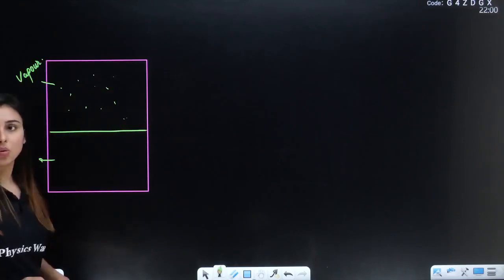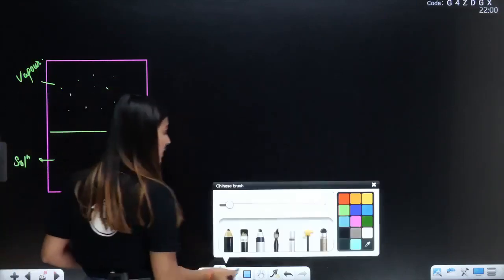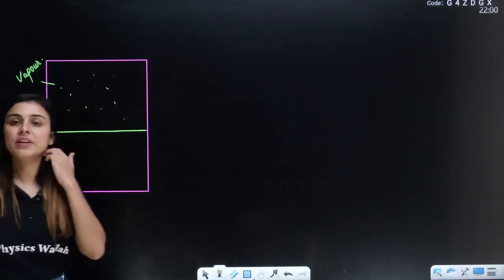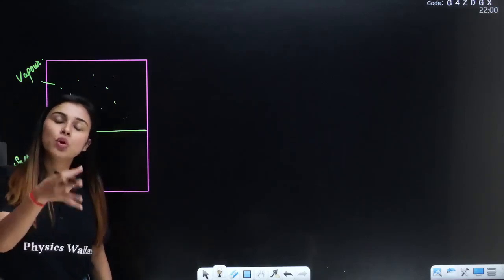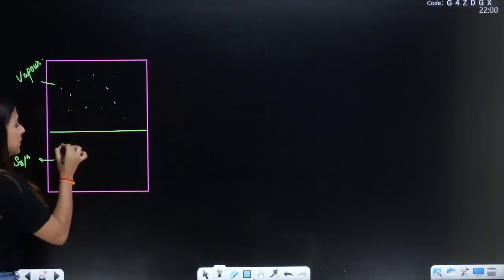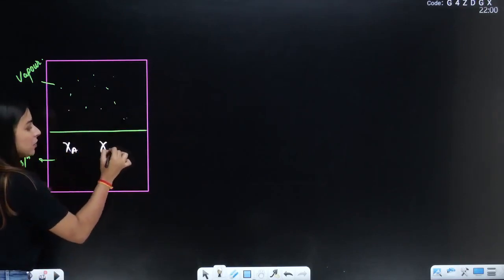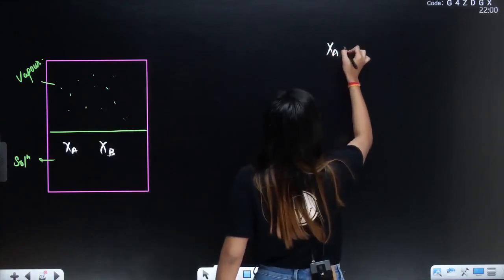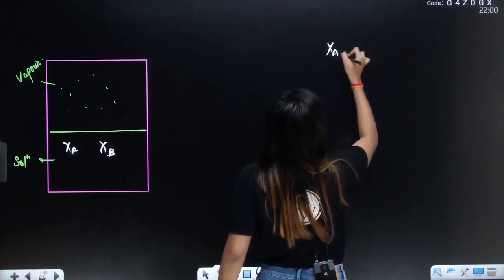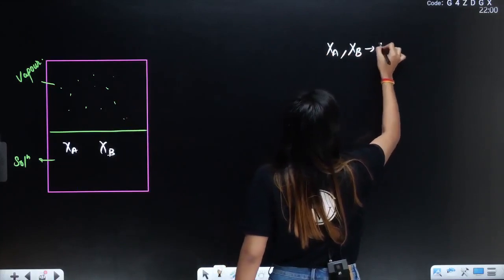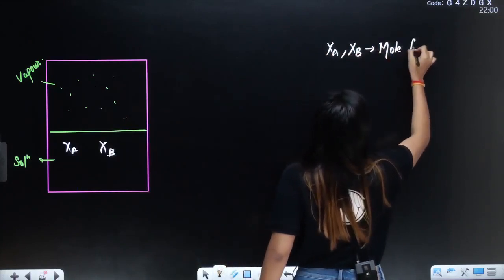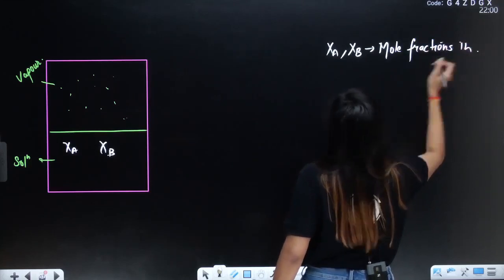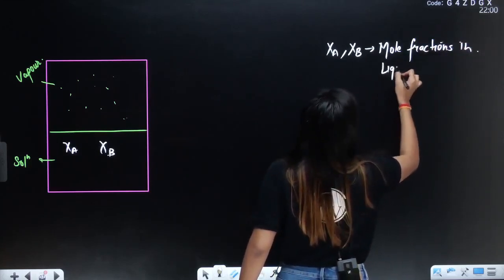Now, one by one, we are going to understand each and every part. First and the most important thing is, in the liquid, you will have component A and B. So the mole fractions in the liquid will be XA and XB. So from this, I can say that XA, XB are the mole fractions in liquid phase.